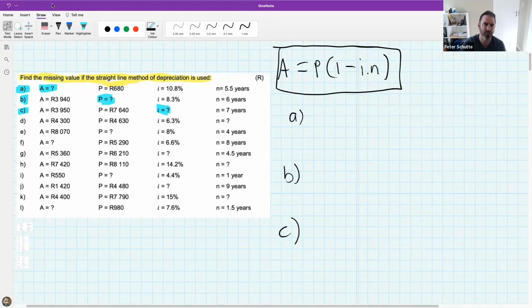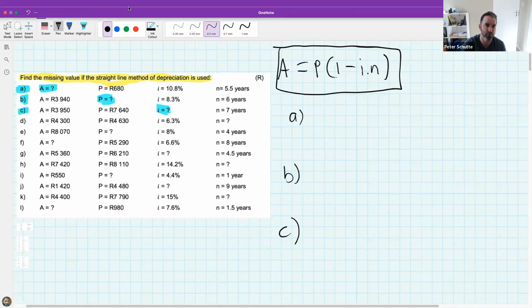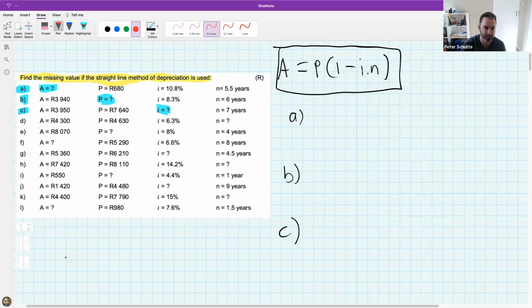What some teachers do to get in the mood for grade 12 is instead of using A and P, they use future value or F for A, and they use present value for P. I don't know if the student means that, or some teachers like students to start thinking about F as the output value and P as the input.